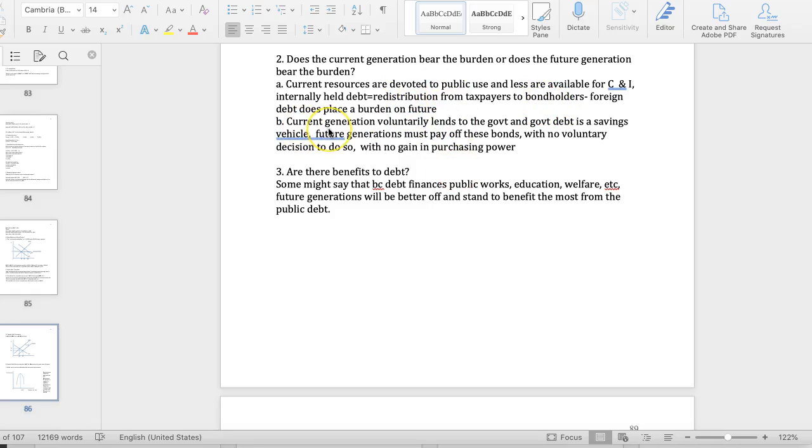A different way to put it is that my generation, the current generation, voluntarily lends to the government, and the government debt is a savings vehicle. However, future generations must pay off these bonds with no voluntary decision to do so and with no gain in purchasing power. So what that's saying is that every generation is basically pushing that debt to the next generation, and at some point it will need to be paid.